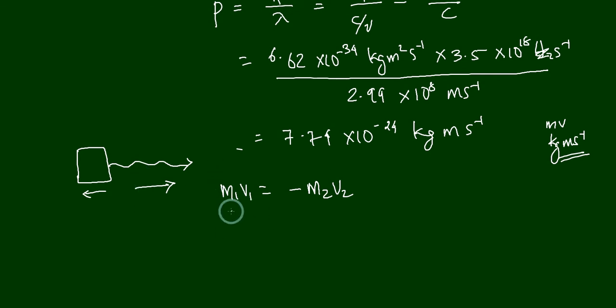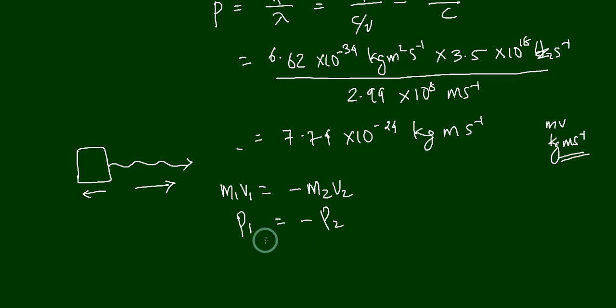Okay, in our case it is source and photon. So this momentum is conserved, that is why m1 v1 is equal to minus m2 v2. Both of them will have a different direction of the velocity, that is why the signs are different. In other words, we can write momentum P1 is equal to minus P2. Momentum of the source is equal to the negative of the momentum of the photon.